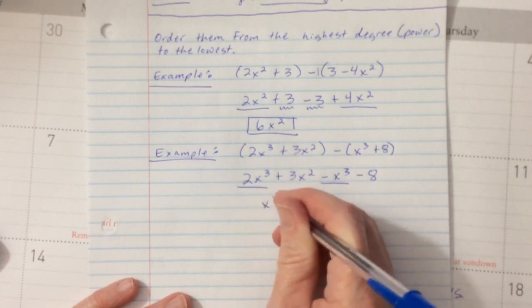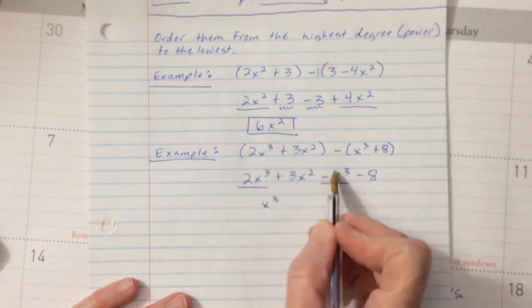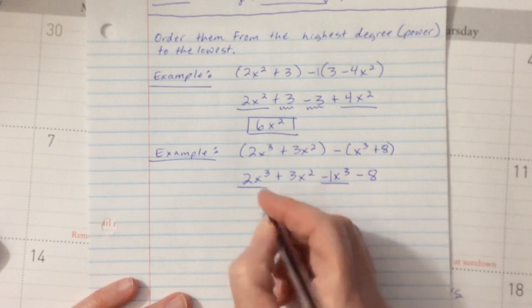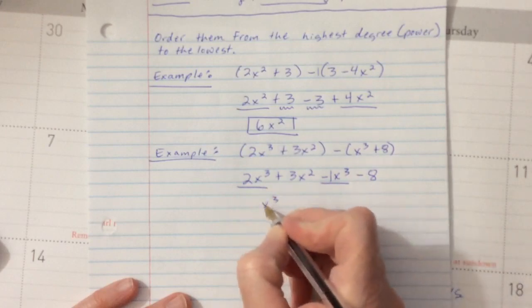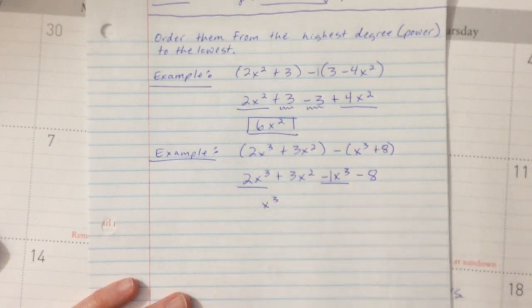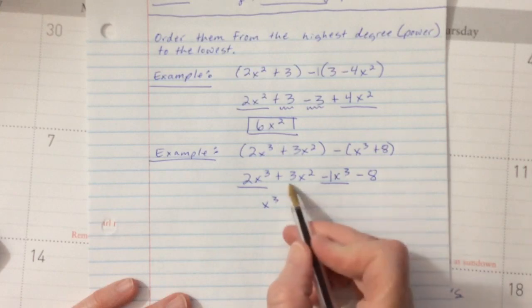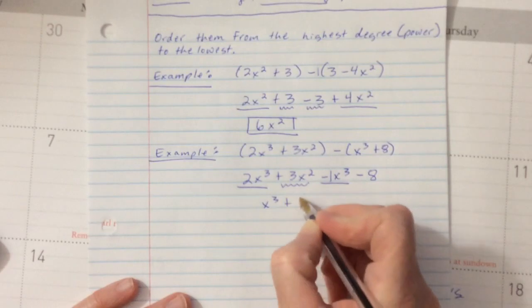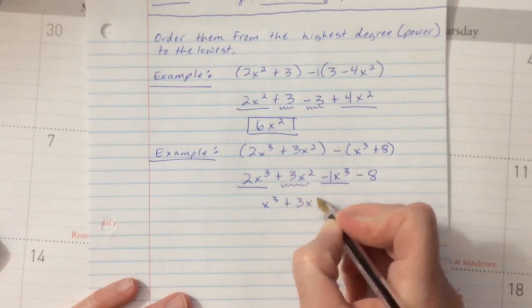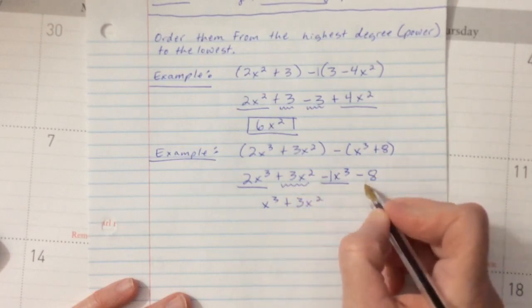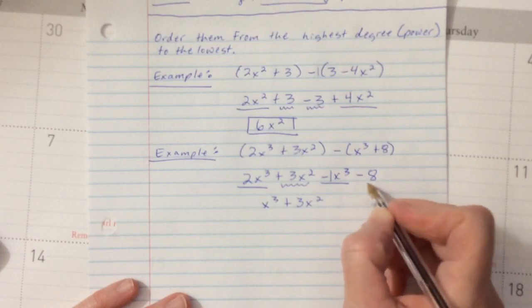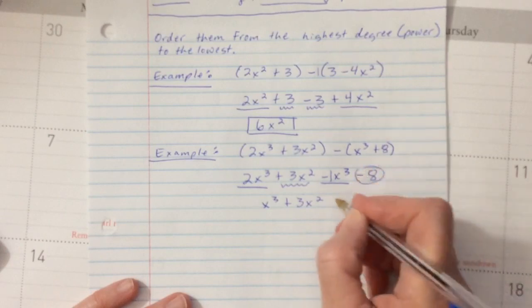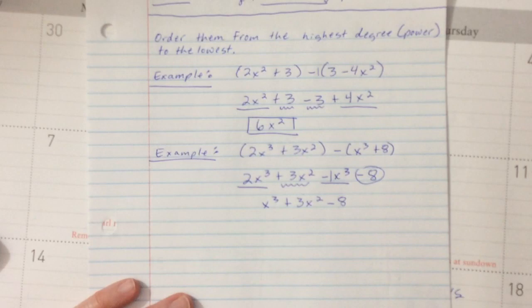So I know I have 2 minus 1 will give me a 1x to the power of 3. And then I have this one by itself, so I'm just going to bring it down, 3x to the power of 2, and then I have my 8, or negative 8. And I'll just bring that down.